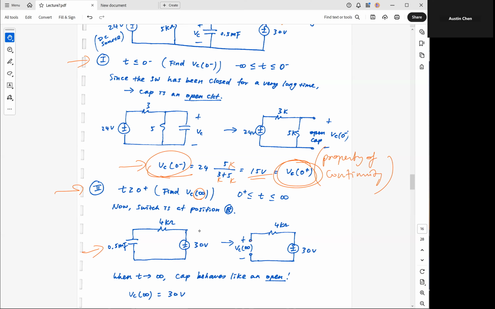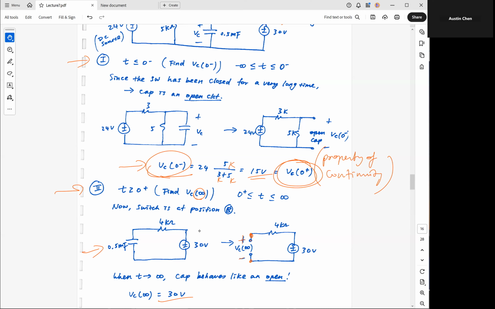And since we are interested to find VC at infinity, that is the voltage drop between these two dots. So we need to find this VC at infinity from the circuit that we sketched after the switching event. So VC at infinity, therefore, is equal to simply 30 volts. I can do this by inspection because I know that there is no current passing through this open.